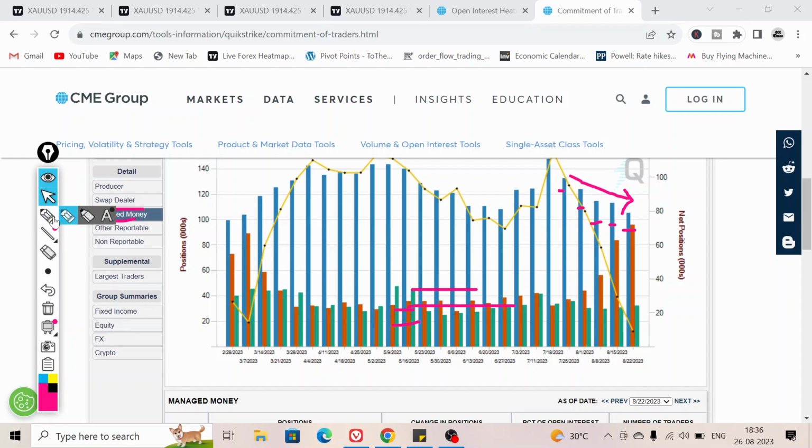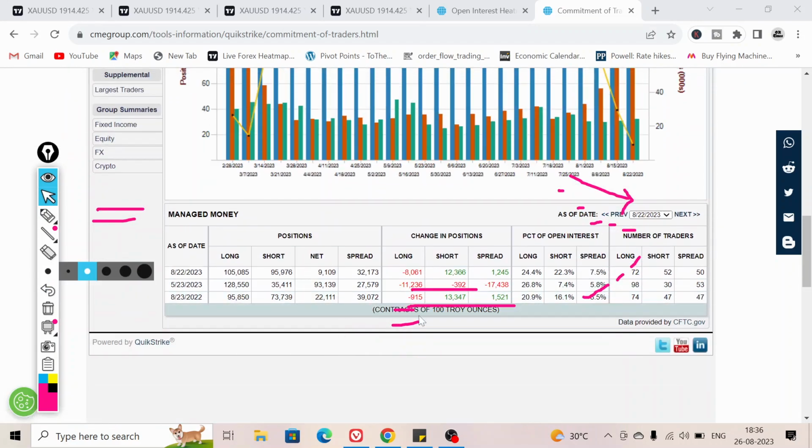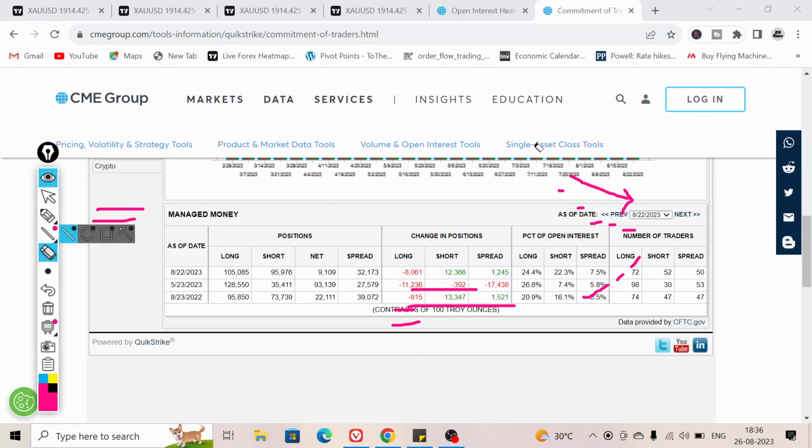Along with that they are adding to the shorts. You can see they are continuously adding to the short. These brown bars are the net positions in the short. So you can read that this time in the net short positions, they added a good number, 12366, and they covered 8061 long positions.